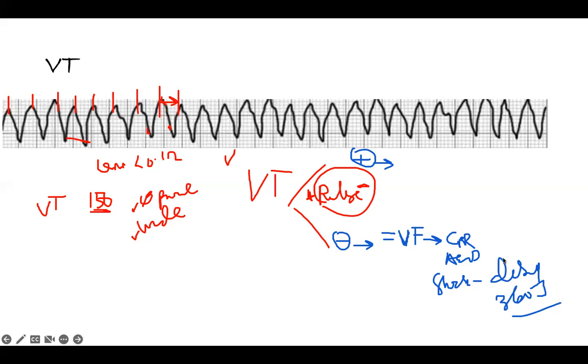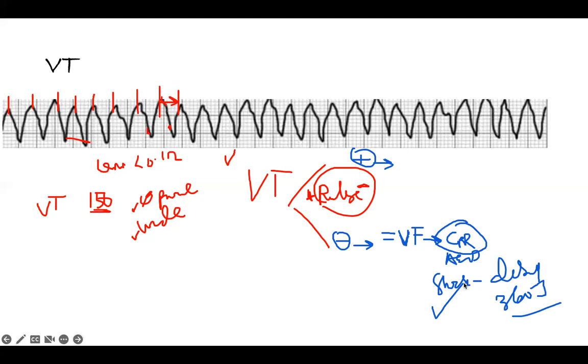If there is no answer choice with CPR, then you choose defibrillation. You don't want to apply electricity to a heart that is not moving. So that's why you do chest compressions first to keep the blood pumping before you apply this amount of electricity. That amount of electricity can shock the heart and it can damage it.